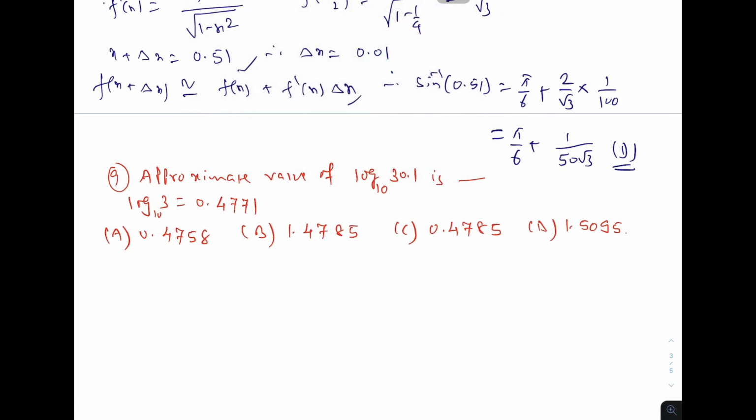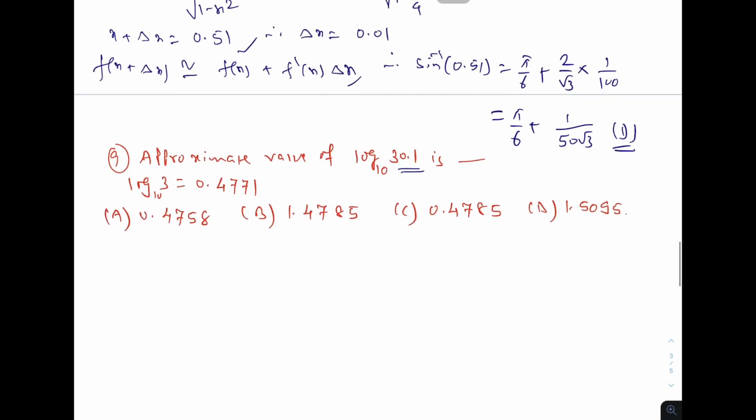Sometimes we can eliminate some of the options. Now you are given log of 30.1 and log 3 base 10 is 0.4771, so it should naturally be greater than 1, because it is nearly 1.4771. So these two options can never be there, so it may be from here or here.